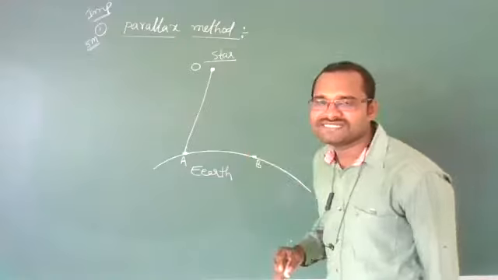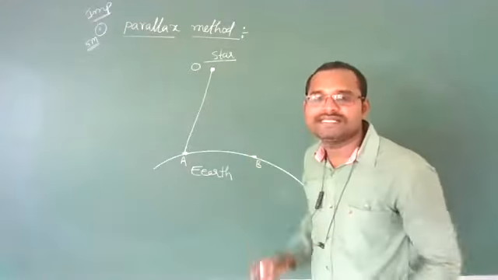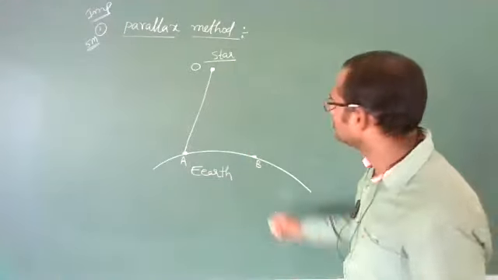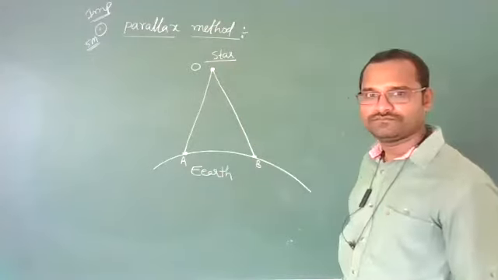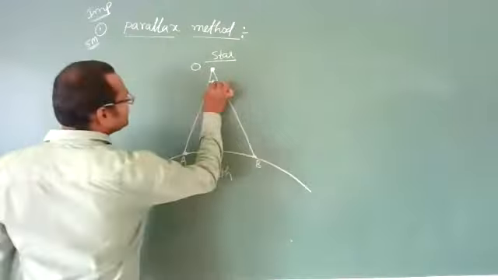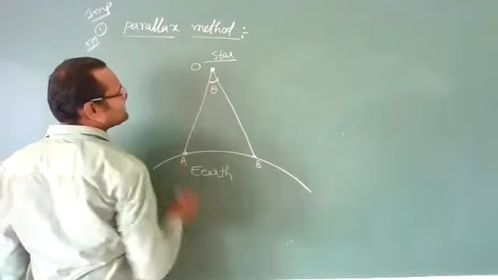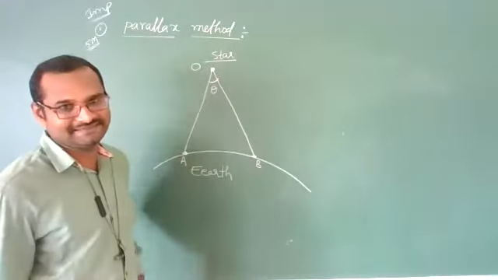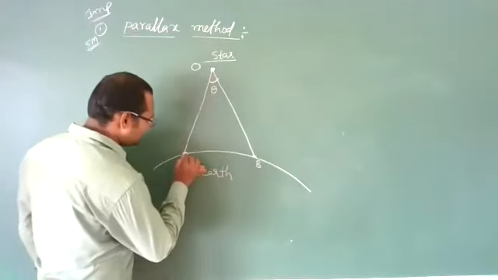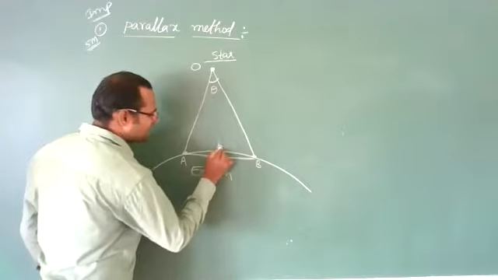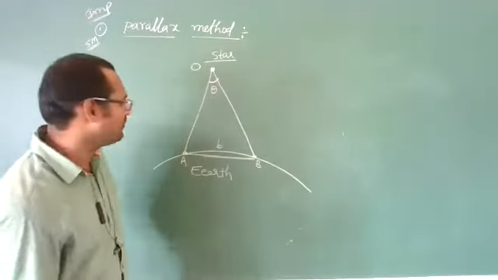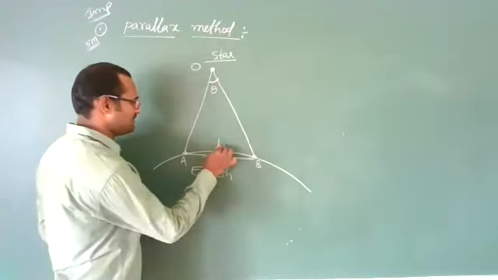Directly we can't see, so we should use a telescope. And you draw one more line. The angle between these two lines is called the parallactic angle, and this distance we call the basis.